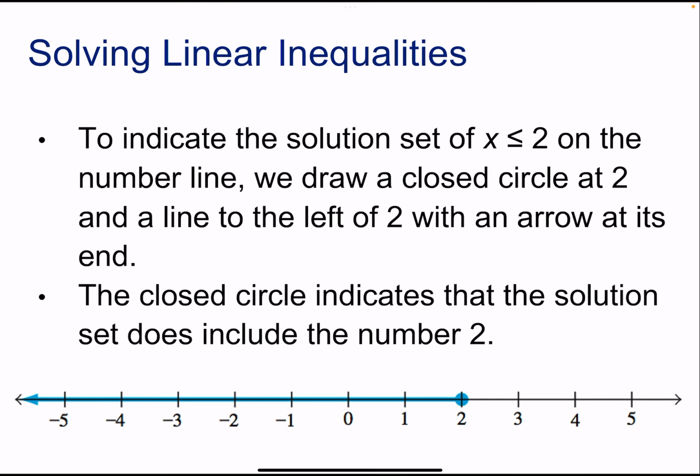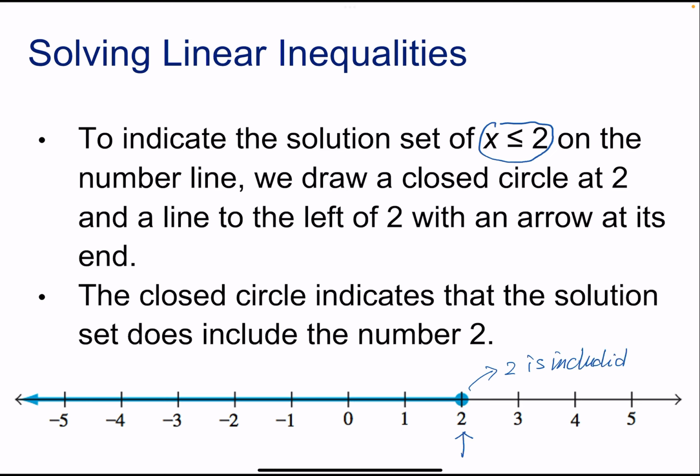Okay, what about x less than or equal to 2? Well, the only difference is 2 now is included in the solution set. So in this case, you use a solid dot. You first identify 2, and now 2 is included, so you use a solid dot to indicate 2 is included.